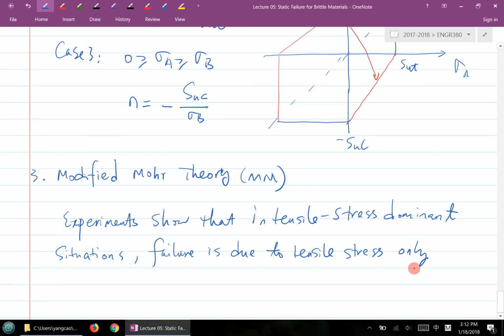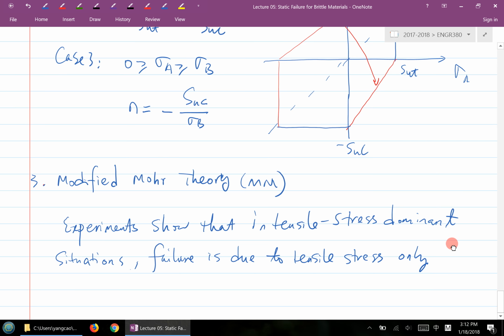So let's think about what it means here. First of all, what does tensile stress dominant mean?